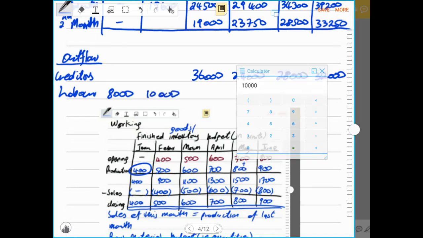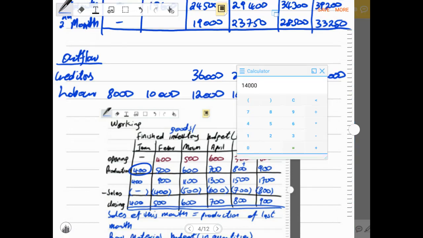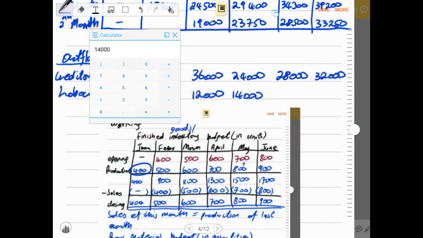The next one will be 600 by 20, which gives us 12,000. The next one is 700 by 20, and this gives us 14,000. Then we have the month of May, which is 800 production. 800 by 20 gives us 16,000.